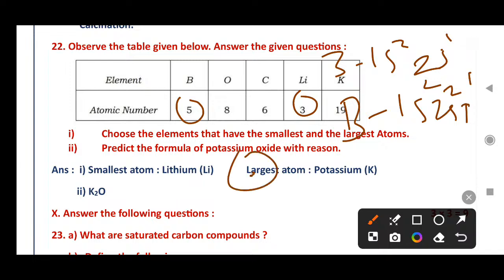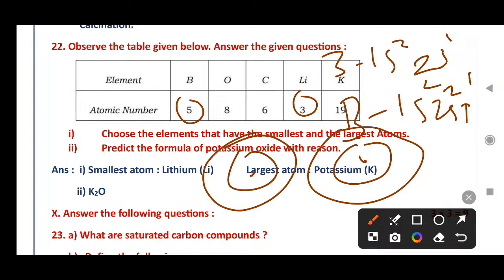Okay, both come under period 2. Definitely the largest atom is potassium, no doubt, because the number of shells is more in potassium. But smallest atom lithium, it's wrong. Why wrong? It means write which one? Boron.